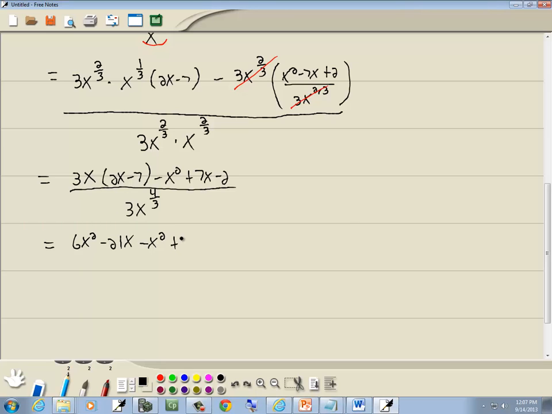Minus x squared plus 7x minus 2 all over 3x to the 4/3. Combine together like terms. 6x squared minus x squared is 5x squared. Negative 21x plus 7x gives us negative 14x. The minus 2 carries on. And then 3x to the 4/3.